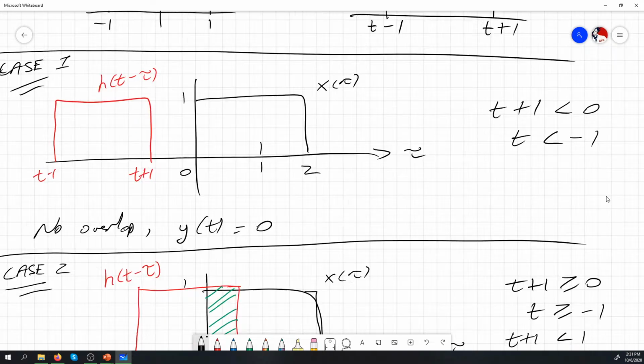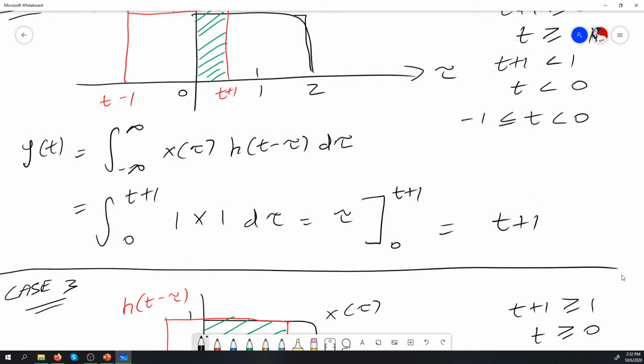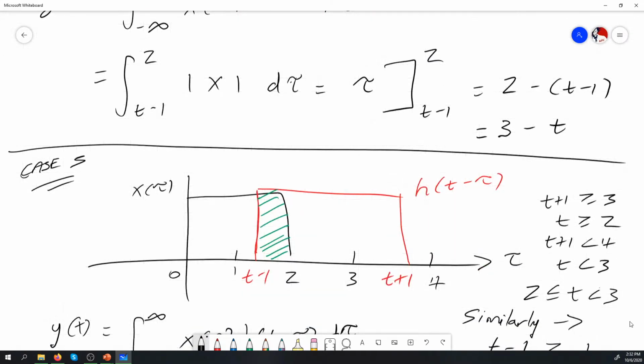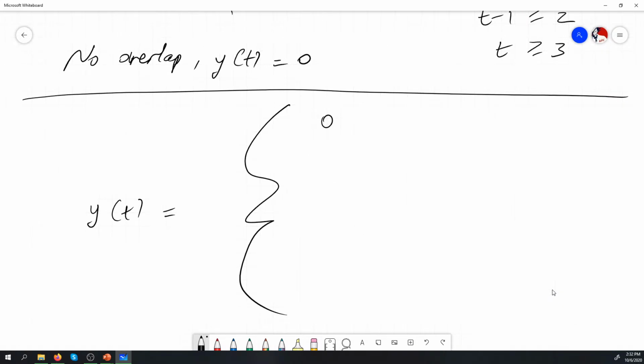This is for t less than -1. And we saw it was t plus 1 for -1 less than t less than 0, t plus 1 again for 0 less than t less than 1.